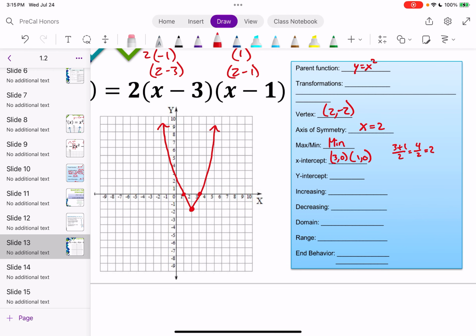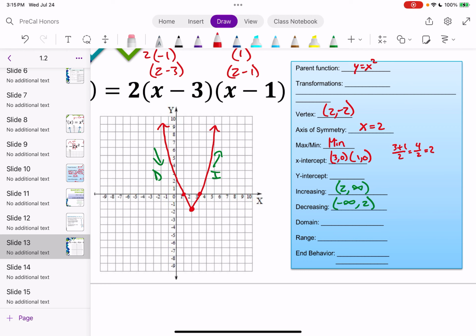We still need to figure out our y-intercept. We'll hold off on that until we have everything else answered. Notice it is decreasing from left to right, then it increases from left to right. So increasing would be from 2 to infinity, and decreasing would be from negative infinity to 2.